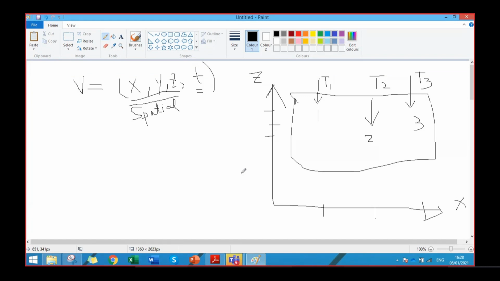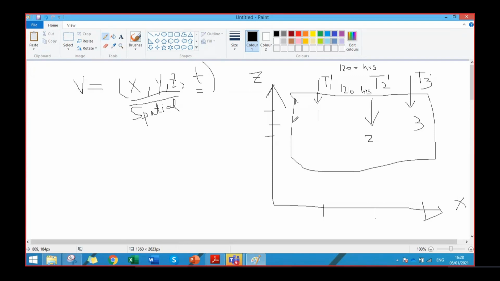These values I measured at, let's say, 12 o'clock, 1200 hours, in this space. I again measure these three values at, let's say, 1210 hours, which is basically after 10 minutes. And I see that the values have changed to other values, like T1 has changed to T1 dash and T2 to T2 dash, and the temperature has increased or decreased at these points. So what has happened?